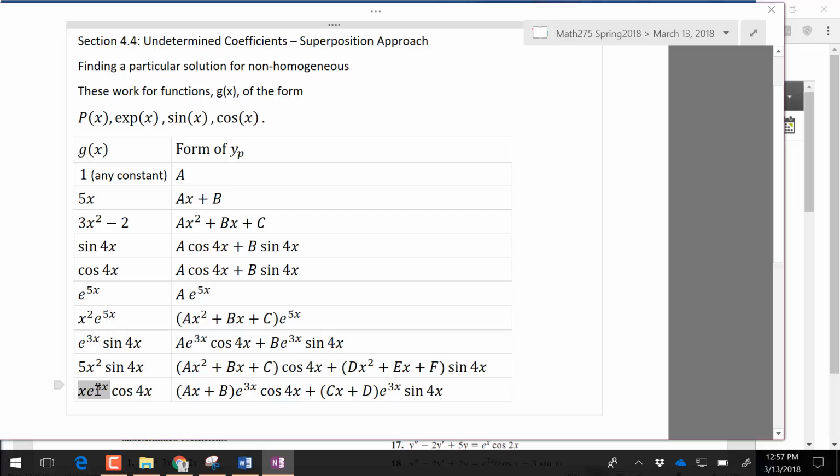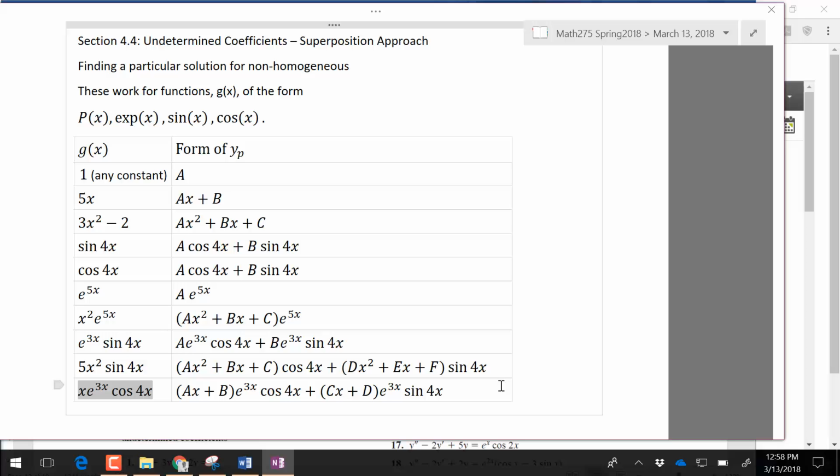And then if you have a polynomial, an exponential, and one of those sine or cosine functions, then you'll get the combination of all that. Okay. So these are your guesses, and you would pretend that your y sub p, your particular solution to the differential equation, is going to look like this. You're going to solve for the coefficients a, b, or c, or whatever, and then you're going to get your particular solution.